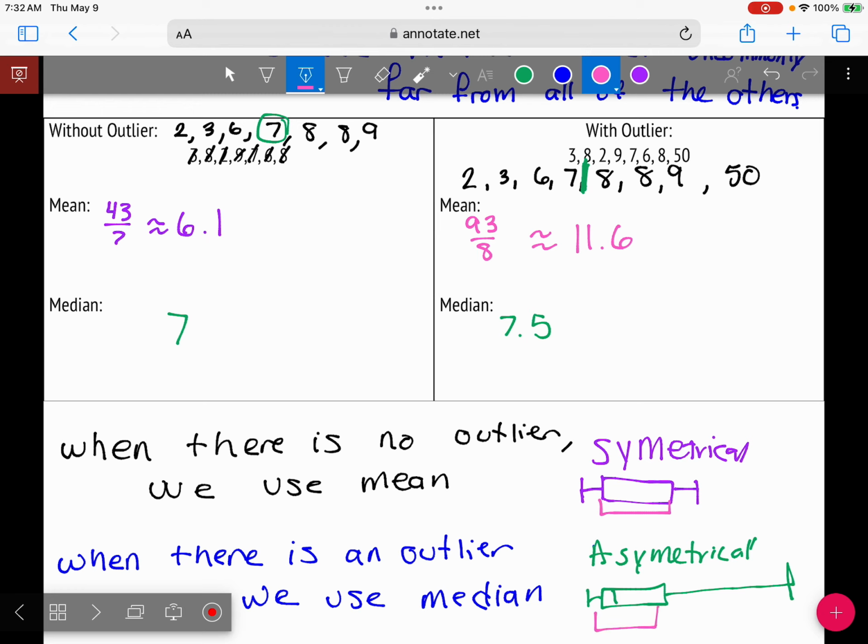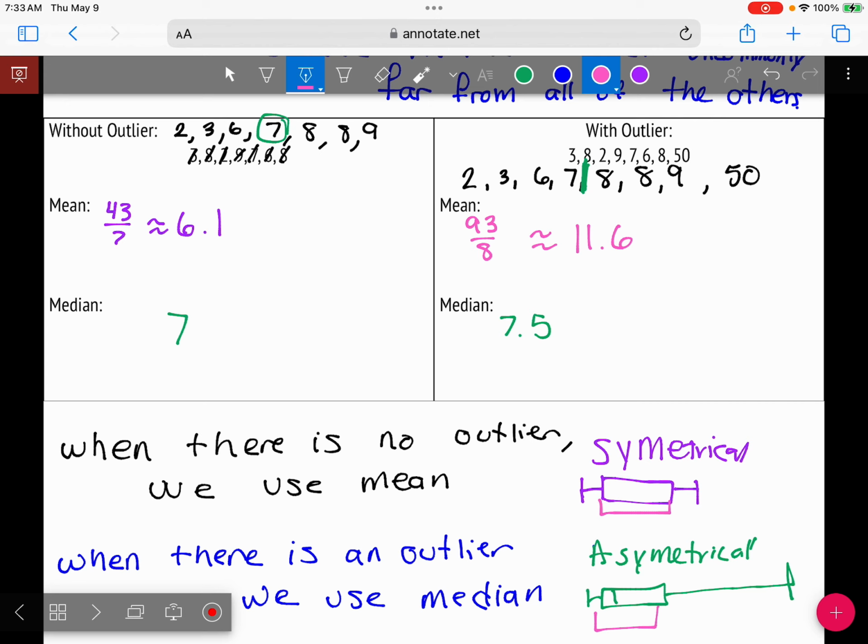When we use our median as our center, we're going to use the width of the box to figure out how far most things are from the middle. So when we're using median, we're going to use our interquartile range, because that's based off of our median. Those were all based off the median and then the median of the leftover pieces. That's what we did yesterday.